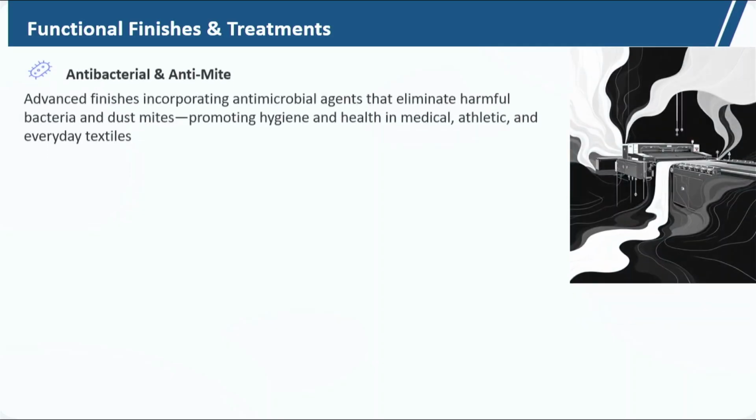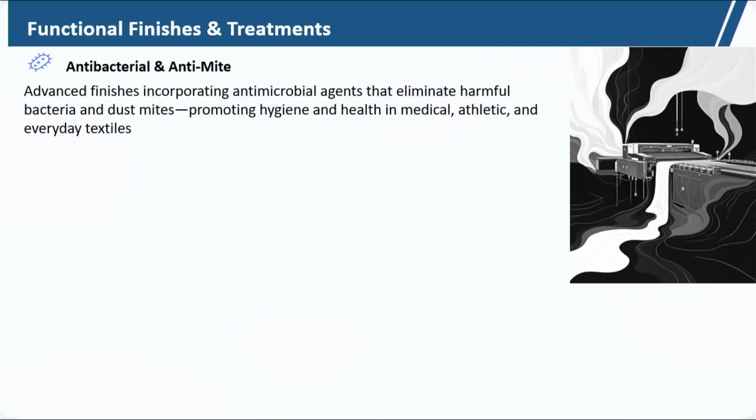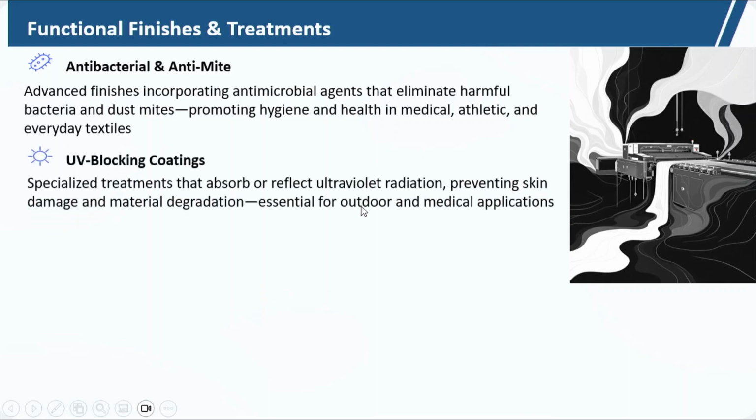Now, apart from the fibers and fabrics, there are different functional finishes and treatments being used. You can see antibacterial and anti-mite finish fabrics are used to protect ourselves from harmful bacteria or dust mites, and UV blocking coating.